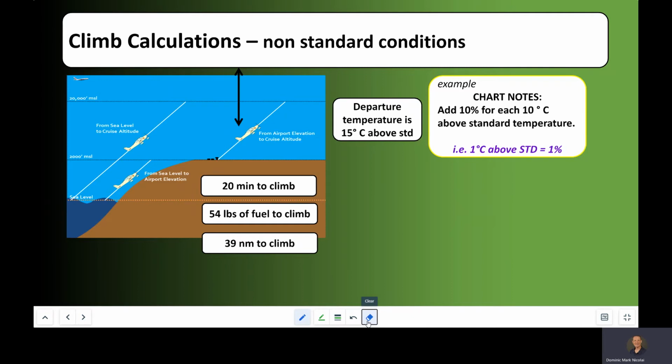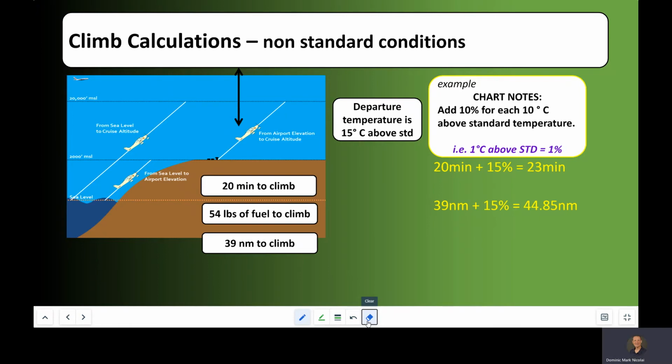If it's 12 degrees warmer, it's a 12% increase. Keep that in mind, right? Any increase above standard temperature is an increase in the numbers. So then our 20 minutes with 15% becomes 23 minutes. 39 miles becomes 44.85 miles.